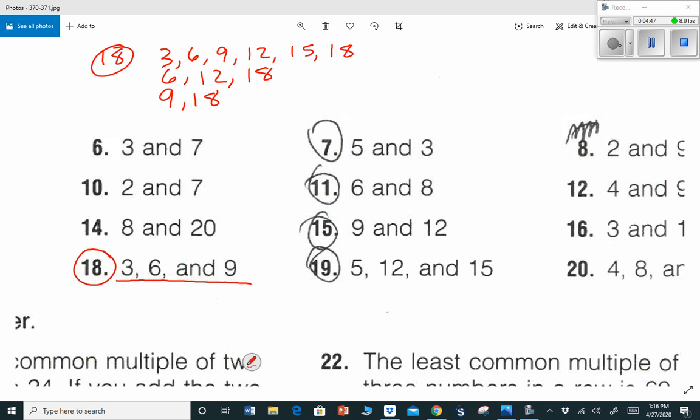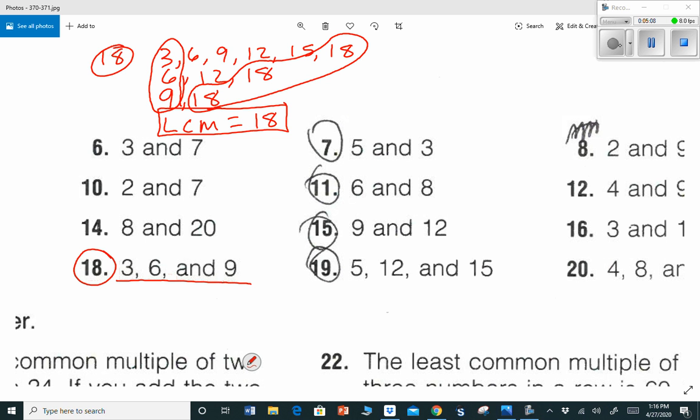Well, look at that. 18 appears in all 3 lists. Did 9 appear in all 3 lists? Nope, it didn't work for 6. Okay, so 18 is the LCM for all three of those numbers. Now, did we have to multiply all these numbers together? No, we did not. That would have been a pretty big number. Okay, so fortunately it did not go that high. But like I said, 18 is less than 3 times 6 times 9.